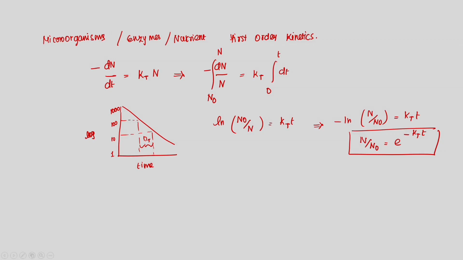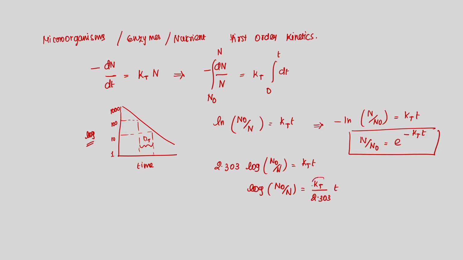right. Since we are using the log scale here, it would be convenient for me to convert this ln scale into log scale. So, ln into log, what you get is 2.303 into log of N naught upon N equals kT into t. If you want to do it in log N naught upon N, it is nothing but kT upon 2.303 into t.